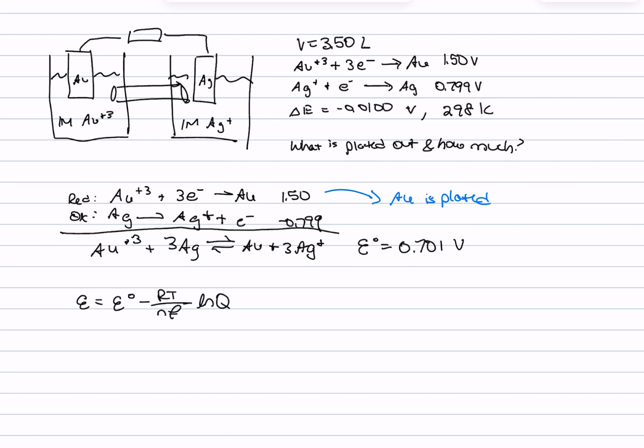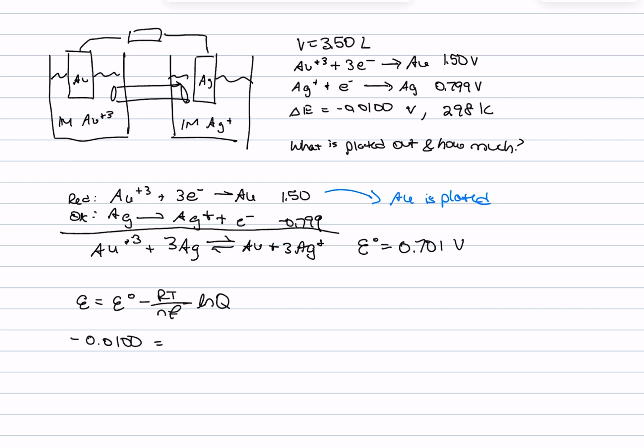So negative 0.01 is equal to negative 8.314 times 298 over 3 times 96485 ln of the quantity 1 plus 3x cubed over 1 minus x. Now, we get these numbers by using the equilibrium concepts that we already know.